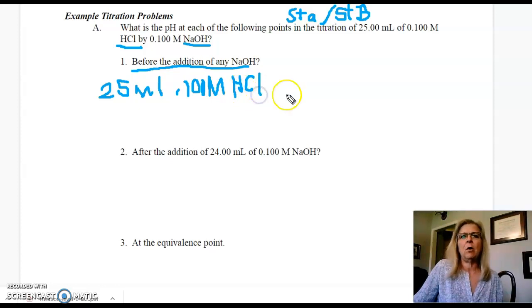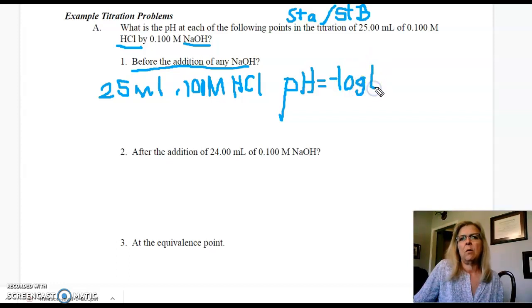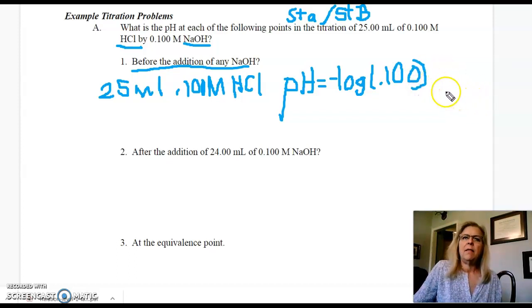Instead, we just get to go straight to the calculation of pH. pH is going to be the negative log of 0.100 molar. If you've been paying attention, you know already that that's 10 to the negative 1, so the pH is going to be 1.